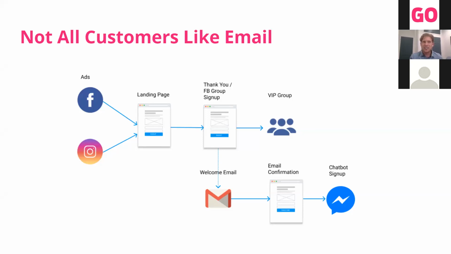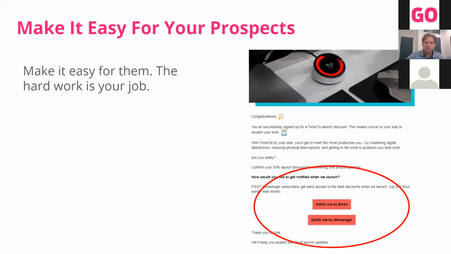Which means that, let's say a terrible worst case scenario, which has happened, if our emails end up going to the spam folder, then we can still use this VIP group and this chatbot sign-up to communicate with these prospective customers and let them know, hey guys, this is live, this product's ready. You can now go ahead and get your launch discount.